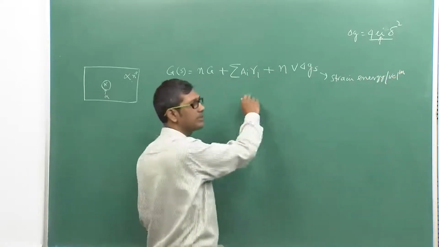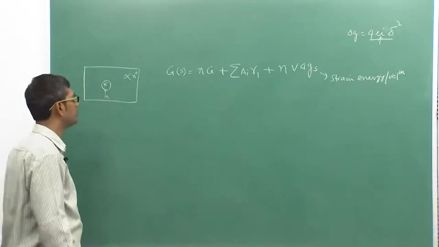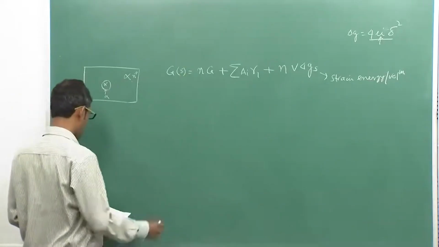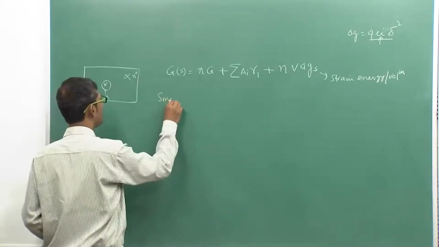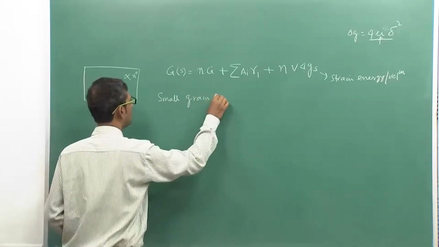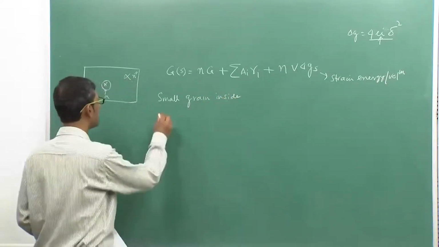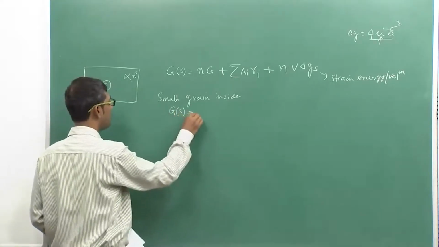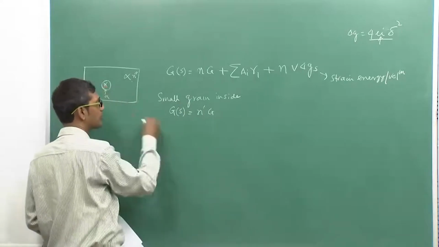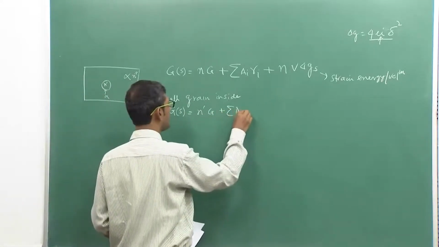On the other hand, surface energy is per unit area, and this is also per unit volume because this is the bulk energy. Now, I can write down, because of the small grain inside, Gs of the small grain is equal to n prime G, where n prime is the number of moles, plus the summation of Ai sigma i.